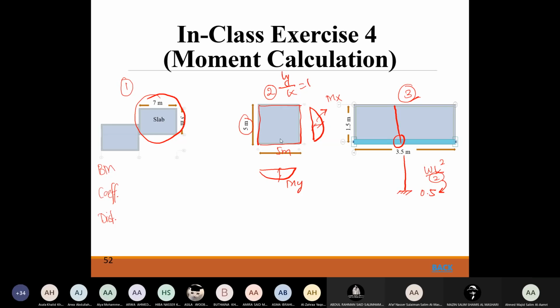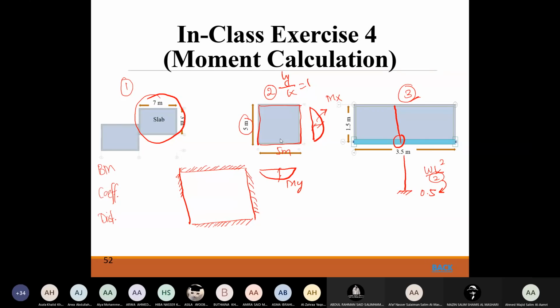Now for this problem, the whole tricky point is available in example number 1. In example number 1, we have this slab where it's discontinuous from here, it's discontinuous here, it's discontinuous here, and then it's discontinuous along half of this element.